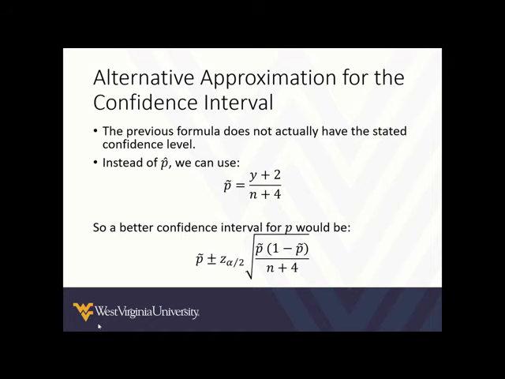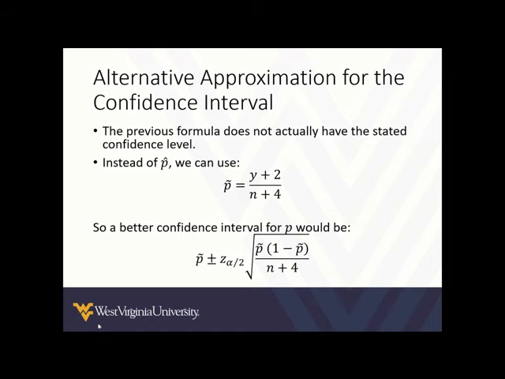And that is a problem because if we are saying that we're 95% confident, we want to actually be 95% confident. So they derived a new statistic, which we will now use as P tilde, and it's equivalent to y plus 2 all over n plus 4, where y is our number of successes and n is our sample size.